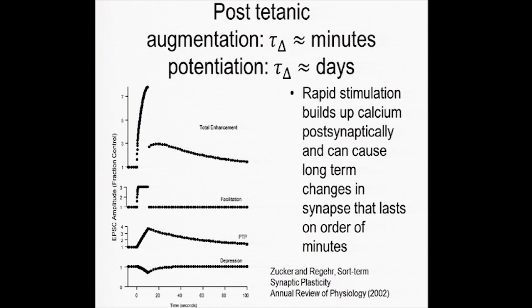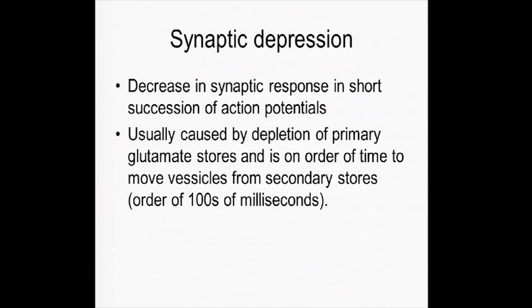Because you can't just strengthen connections all the time. You have to weaken them over time, and depression's always there as well. So if you stimulate infrequently, you will actually weaken synapses.